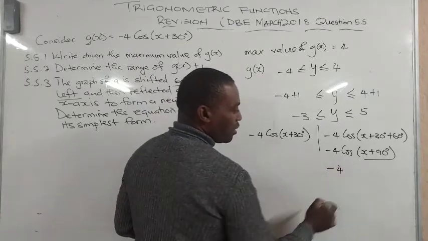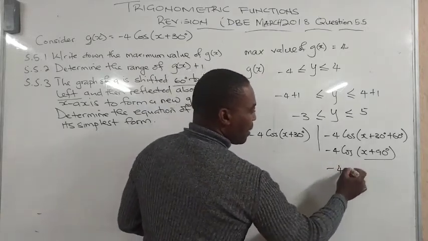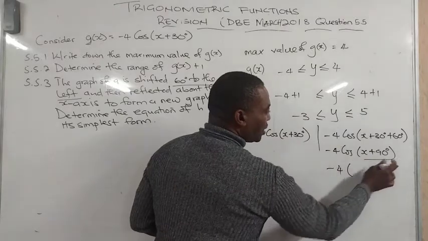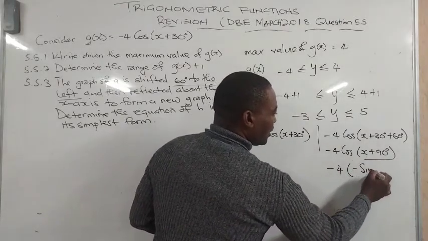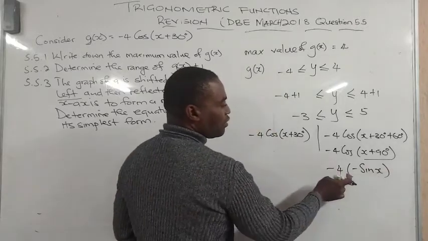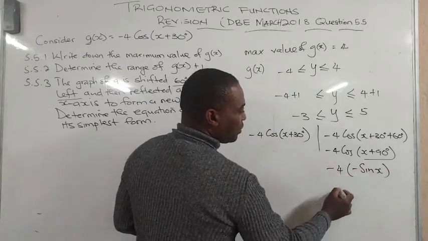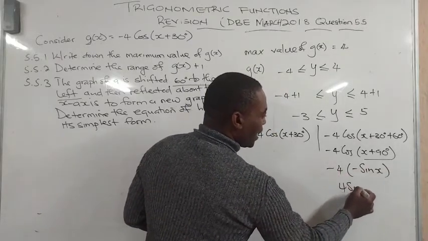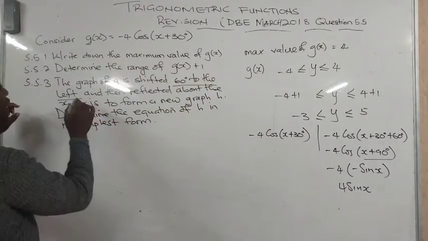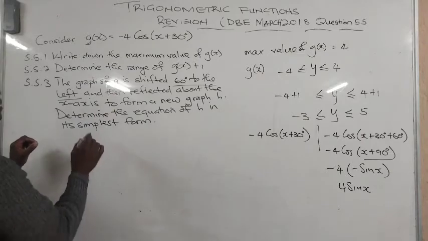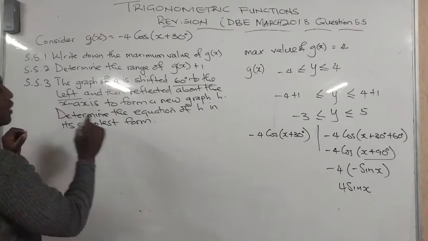So this will be negative 4, and the reduction of this is negative sin x. So negative 4 by negative sin x will give us 4 sin x. So if we shift the graph 60 degrees to the left, this is what we get.